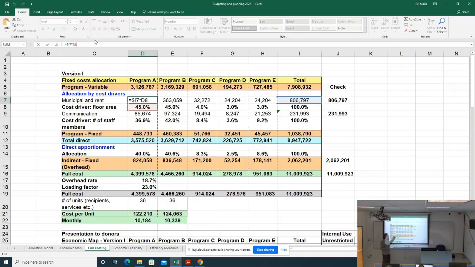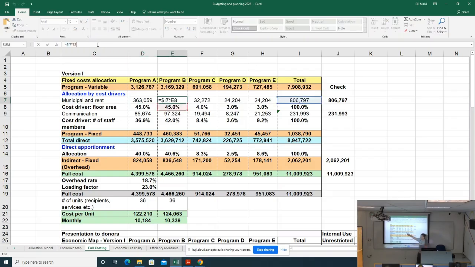Basically what we say is that since 45% has to be allocated to program A, then I will take 45% of the amount that I want to allocate and add it to program A. That is 363. Okay? And then the same with program B.